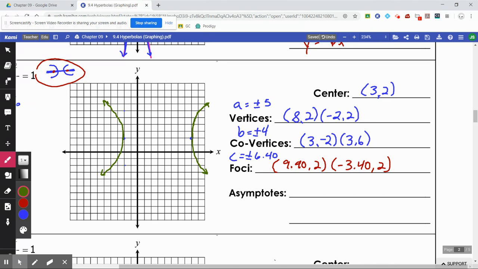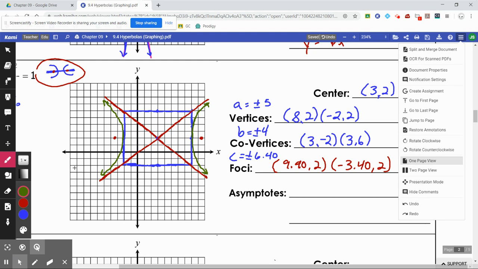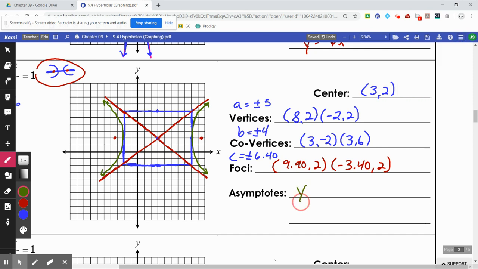Now, our asymptote lines, let me put all the material back up there so that we can actually find the asymptote lines here. And this one will be a little bit more difficult to find these asymptote lines. Now, the slopes, that part will be easy. Y equals and y equals. The slopes are simply the rise and the run, which would be 4 and 5, which you can find by these two values here, because to get from the center up to here would be 4, and then over to here would be 5.